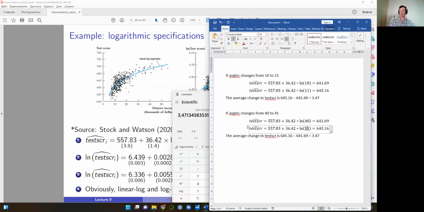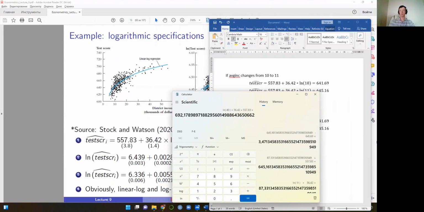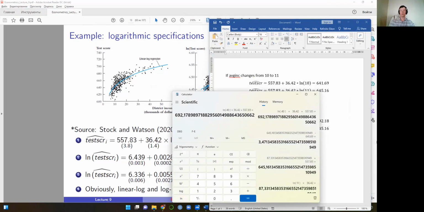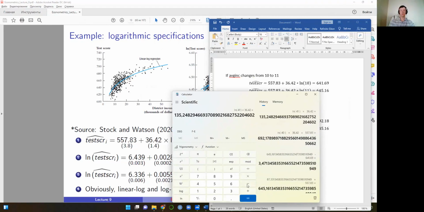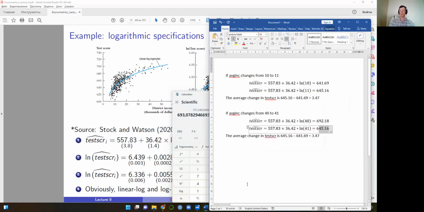Put 40 here, we put 41 here, and in the first case we have 692.18, and in the second one we have 693.08.